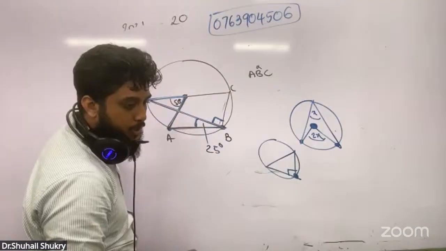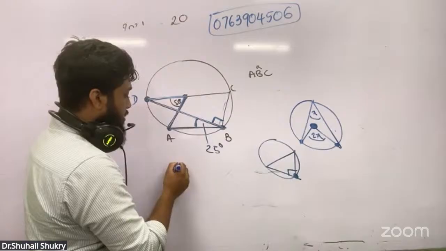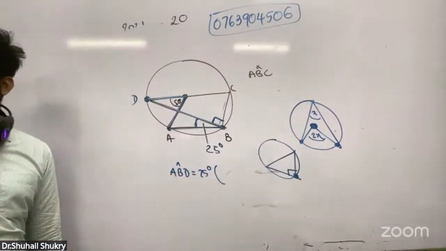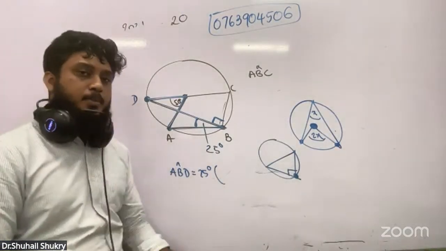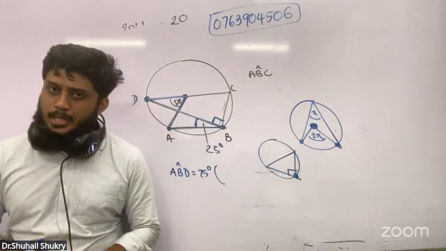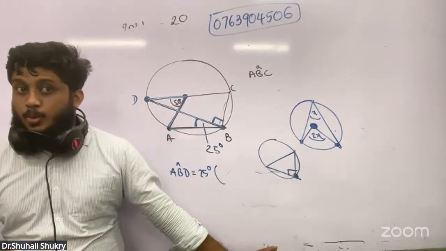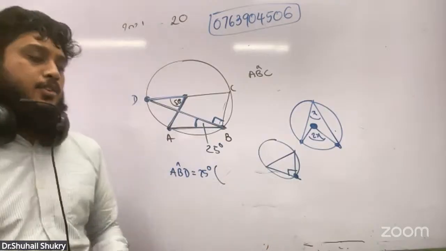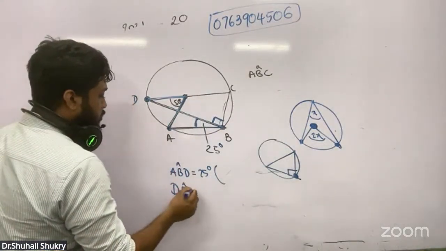First of all, I should write how much ABD is. First of all, I can say ABD is 25. What should we write as the reason? Angle subtended at the center is twice the angle subtended at the circumference of the same arc. You have to write that. After that, I can write DBC equals 90.